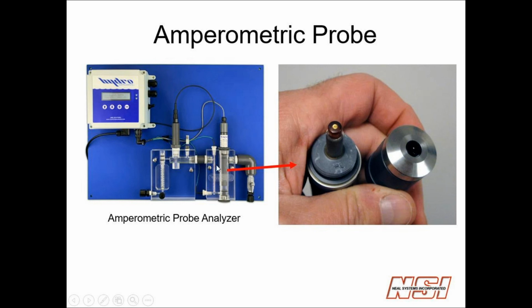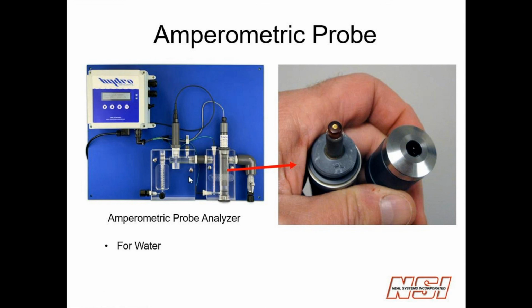That provides a steady, constant pressure. And with this analyzer, it's very important to have a steady, constant flow across the tip. And the temperature is compensated for internally. This probe actually produces a 4 to 20 milliamp signal that comes out and goes into the transmitter and is converted into parts per million.